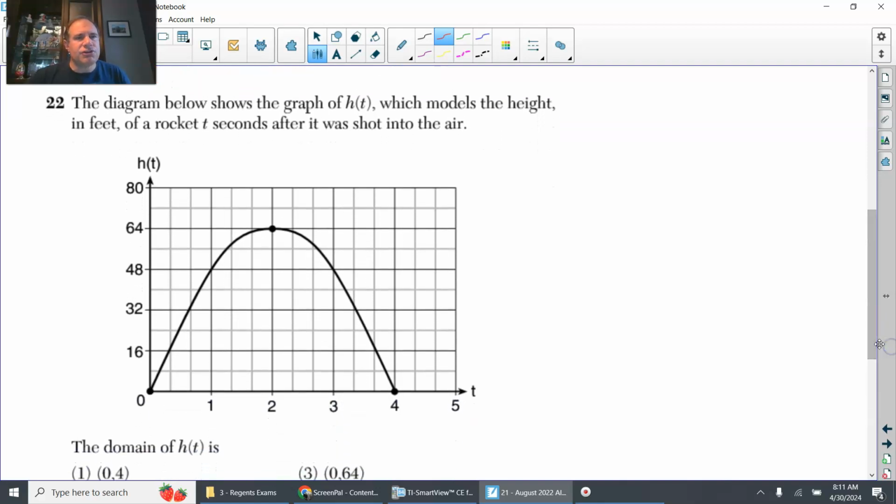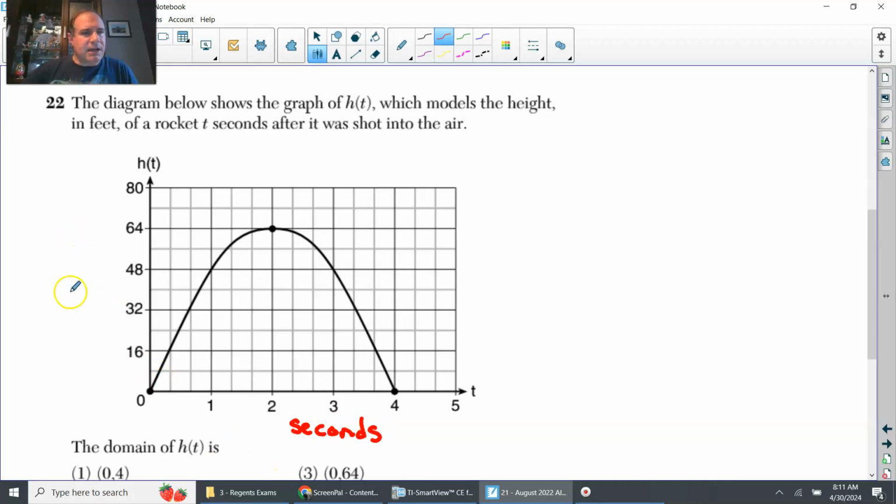The diagram below shows the graph h of t, which models the height in feet of a rocket. The rocket goes off. It's shot in the air. And here's the t, seconds. This is seconds.